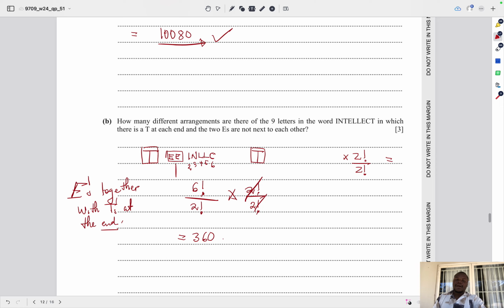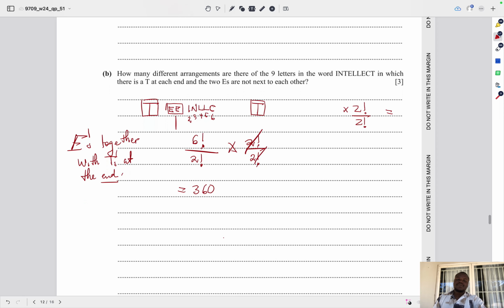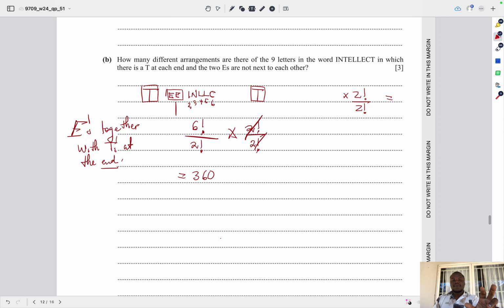Next, we need to find the number of ways where the T's are at both ends with no restrictions, and then from there we subtract the number of ways in which the T's are at both ends with the E's being together. That means we get the number of ways when the E's are not together with T's at both ends. So in the next one, it's T's at both ends, and then the E's are just normal.